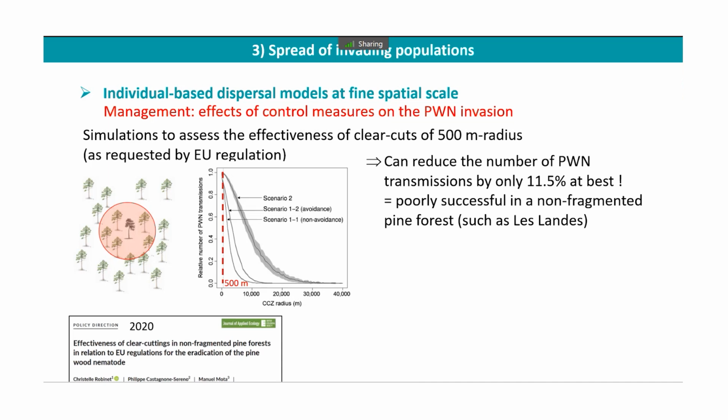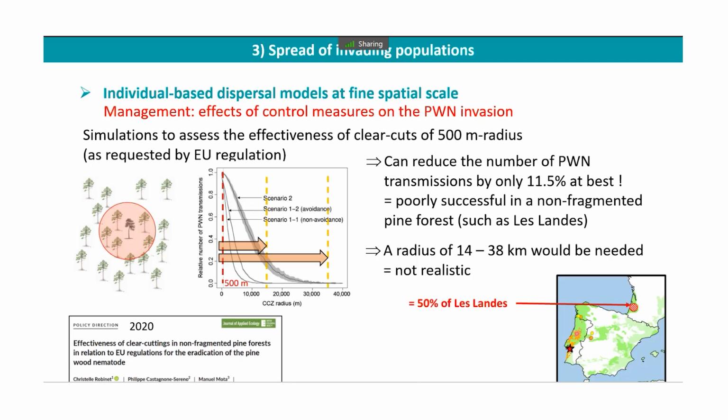So in fact, this measure is fully successful under our assumptions, and here we were supposed to be in a non-fragmented pine forest, such as the Landes de Gascogne, which is the biggest maritime pine plantation forest in the European Union. And we show that to be effective, this clear cut should have a radius between 14 and 38 kilometers, which is obviously not realistic, since it would remove nearly all the forest.